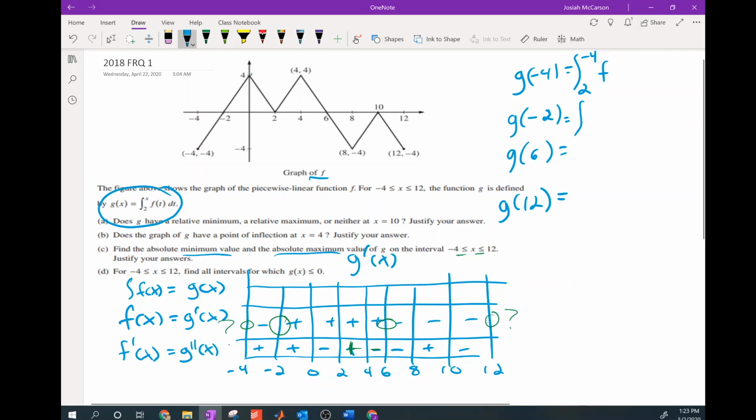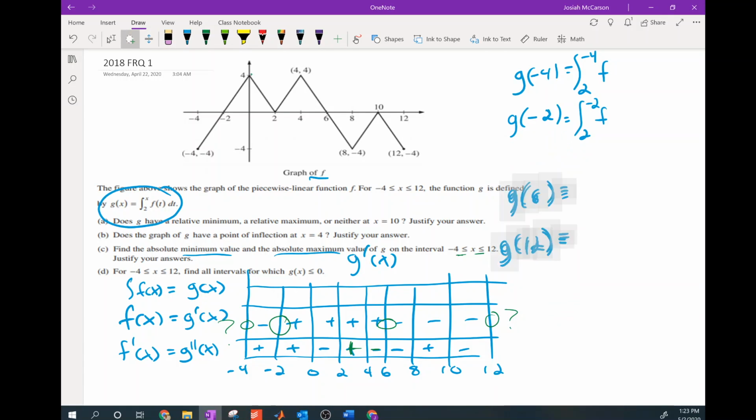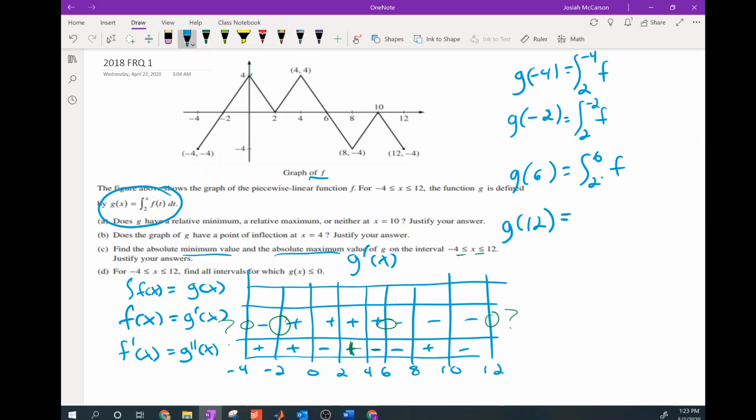G of -2 is the integral from 2 to -2 of f. G of 6 is the integral from 2 to 6 of f. And G of 12 is the integral from 2 to 12 of f.